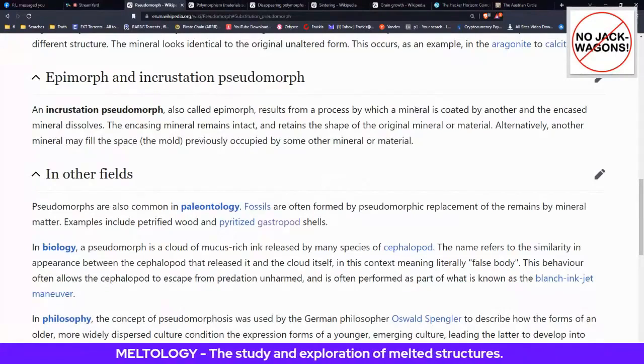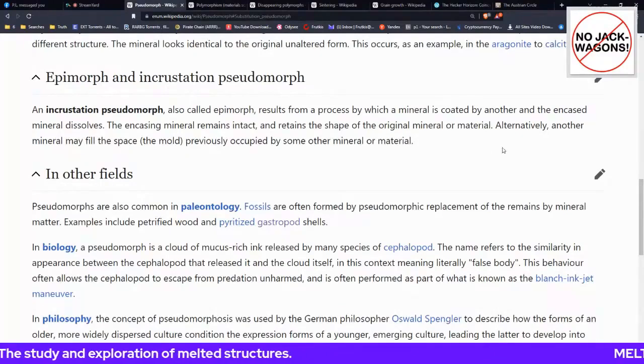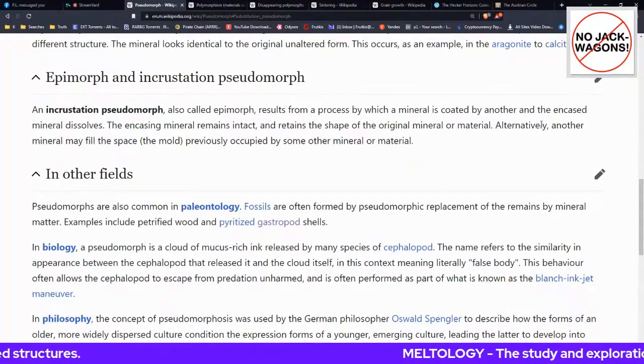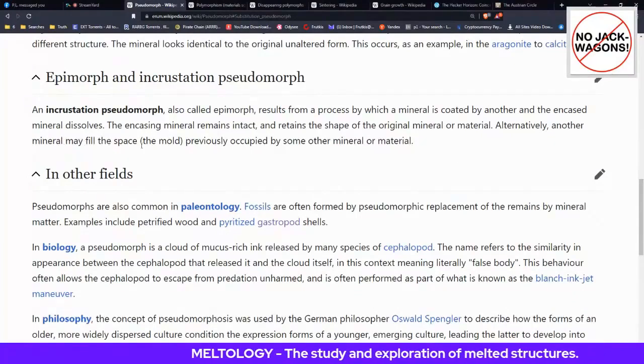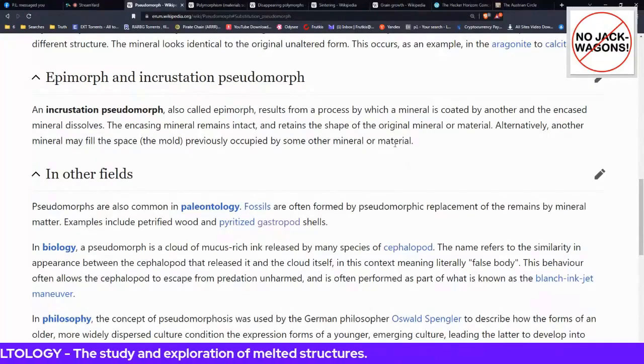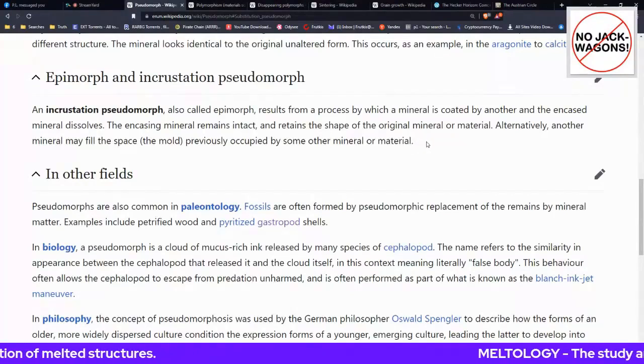Yes. This has been coated by this type of thing. And they say alternatively another mineral may fill the space that this one was, so it can change totally to something new, and this is how we see the mortar change to crystal quartz.